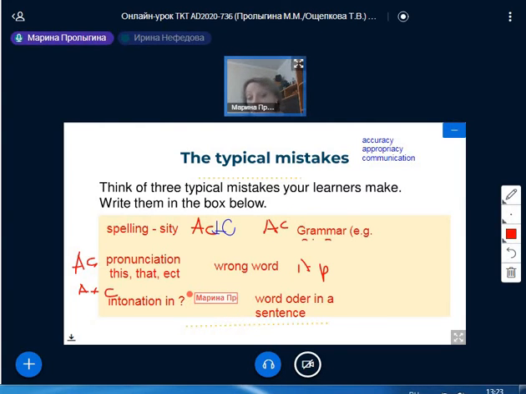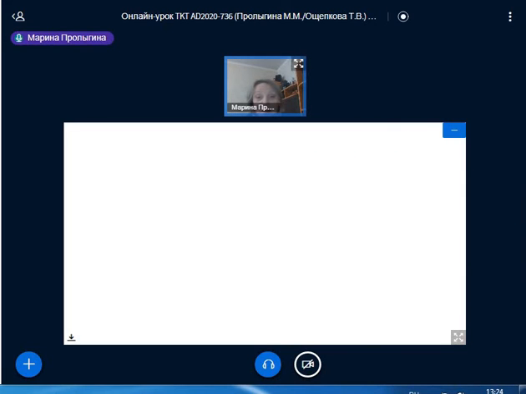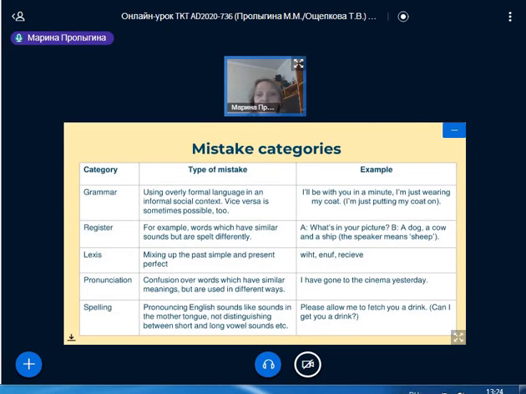Because if our intonation, for example, influences the understanding, the general message, it can be also the problem of communication. Right, so you see that everything is not so easy about the mistakes. But still, as you have mentioned already, the majority of the mistakes that our students usually make are the mistakes of accuracy.